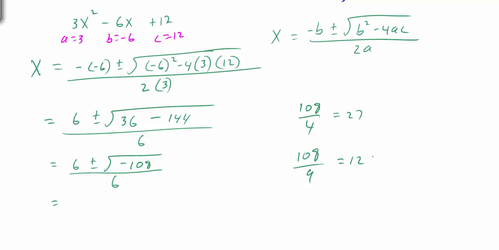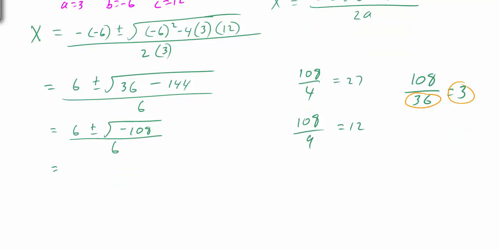So it looks like if 4 goes into 108, 27, and 108, 9 goes into 108, 12, then 4 times 9 is 36. So 108 divided by 36 is equal to 3. So it looks like we can use 36 times 3.